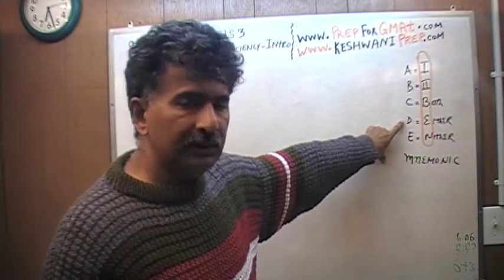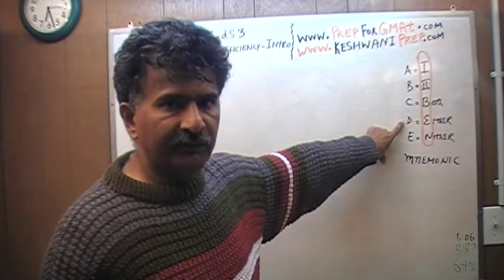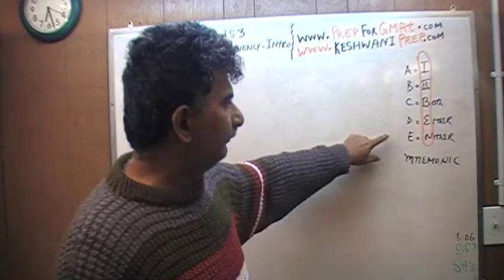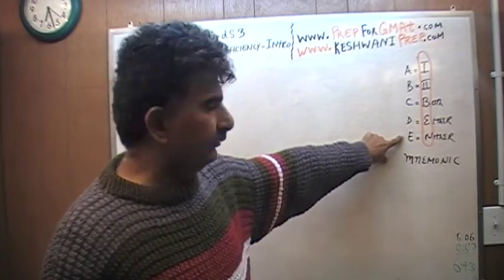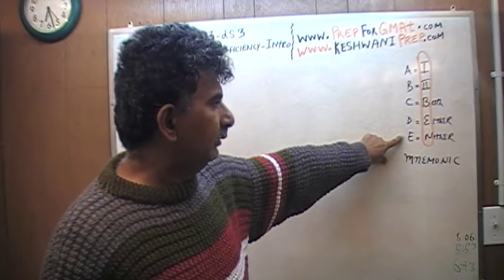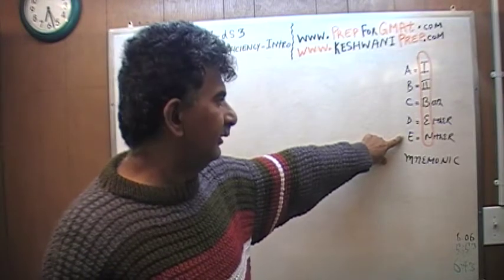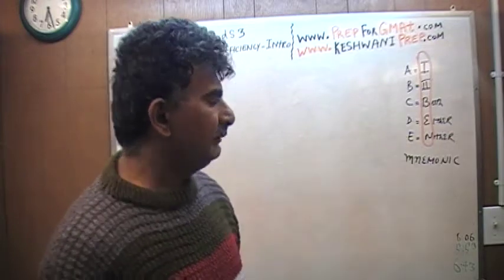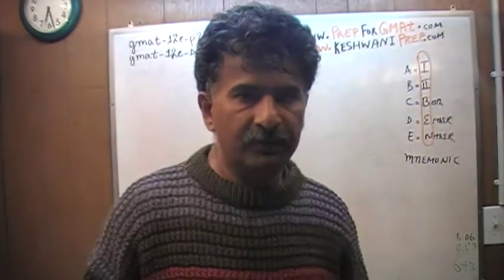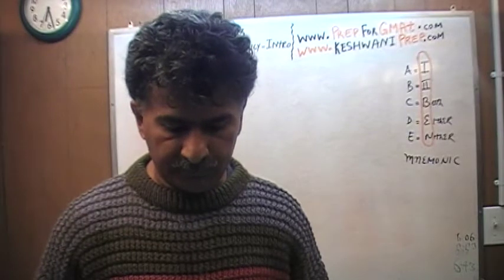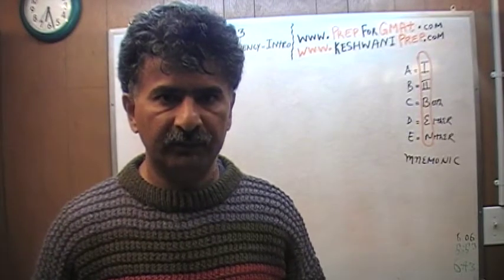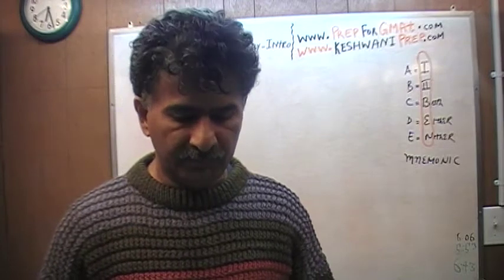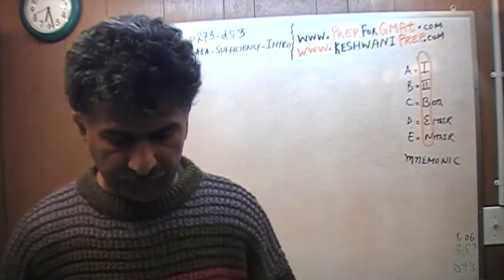Hence D, which indicates that either of the statements is enough by itself. And answer choice E means that neither of those two statements would do the job. Neither of them possess any worthwhile information that will help you solve the problem that is being asked.